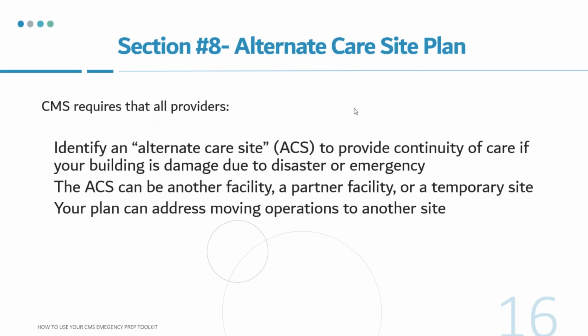Okay, so alternative care sites. It's really, really important that if you can't operate your services out of your existing site, because maybe there's a wildfire and you've had to evacuate, you actually have that planned. Moving not only staff, but frail or vulnerable populations of clients, participants, or patients, whatever provider type designation you have, takes planning.